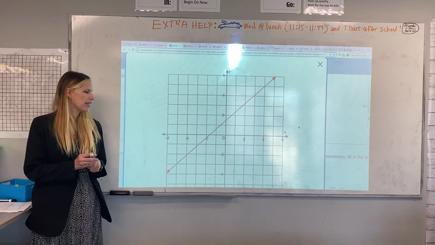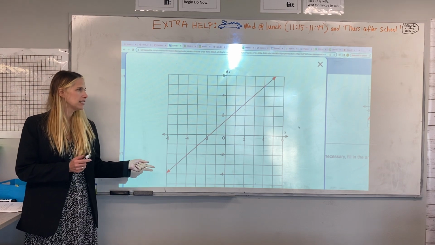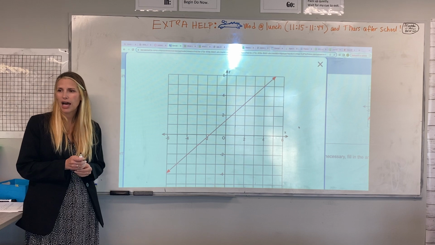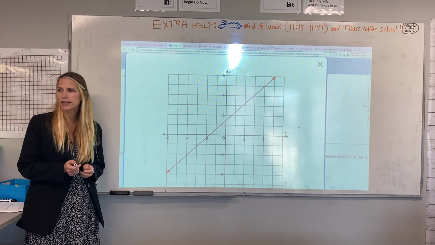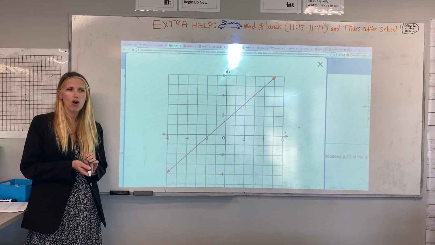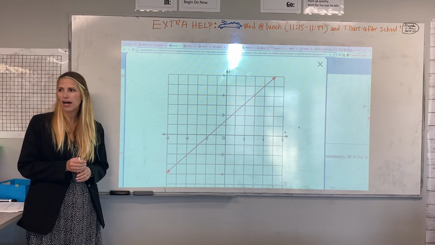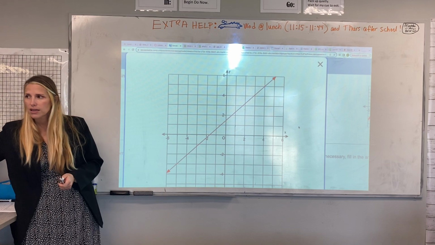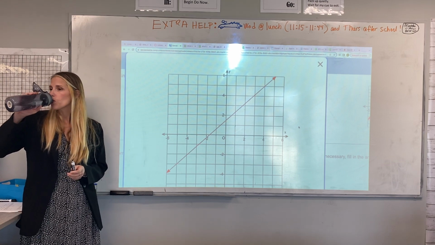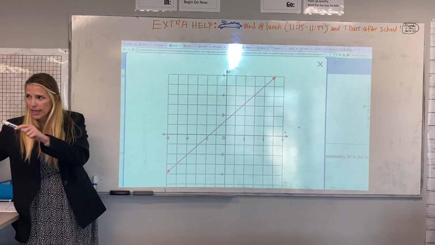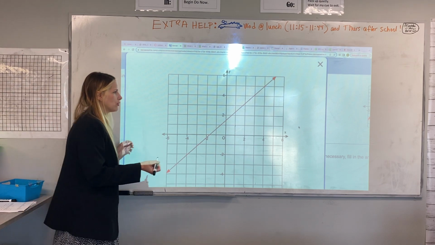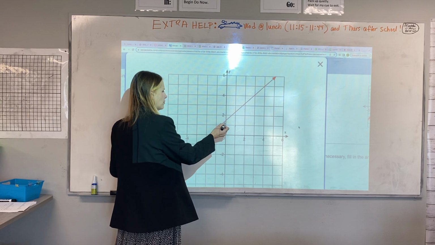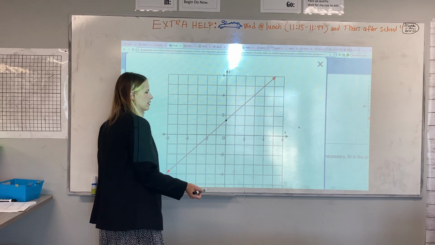What is our domain for this continuous, never-ending line? What is the domain? What is the set of numbers for all of our x values according to this linear function? I see one. Wait. So you're saying there's nothing? Okay, what if I choose a point right here?